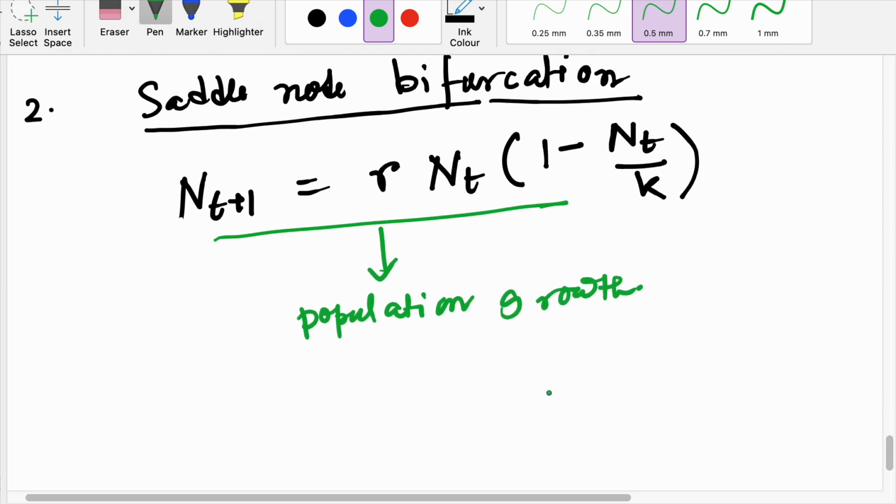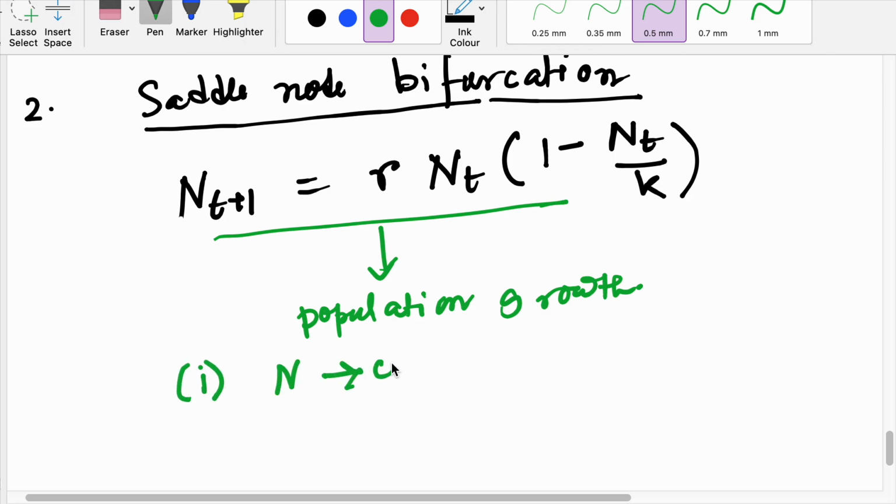And what were our assumptions? The first assumption was that when N is near 0, that means if there are very few individuals to consume the resource, the growth rate will be exponential.